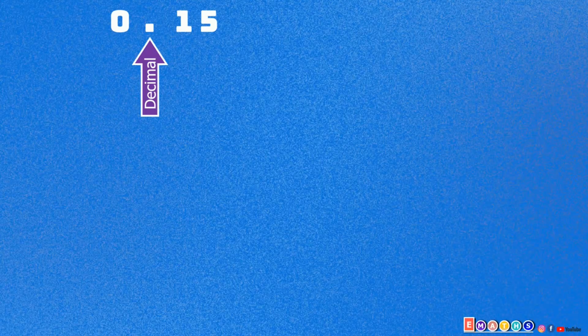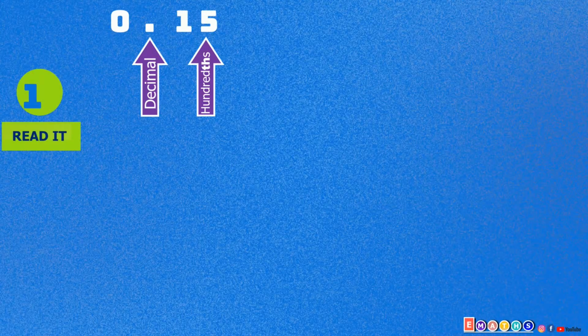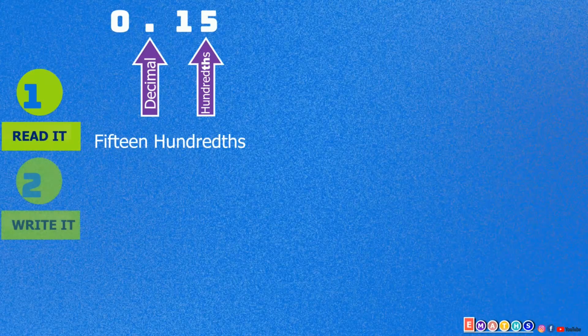We have a whole number 0 separated from the fractional part by a decimal point. Hundredths. Read it. 15 hundredths.